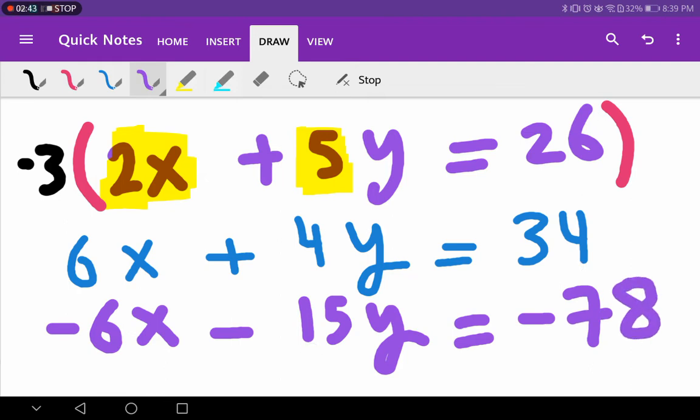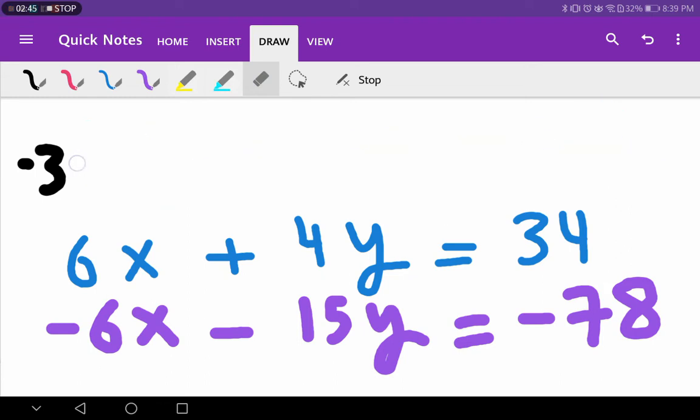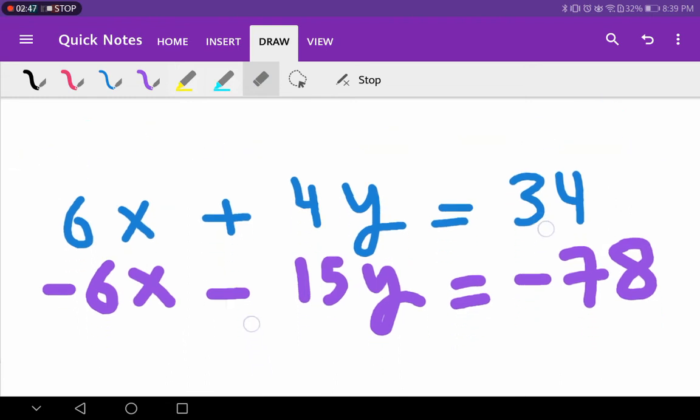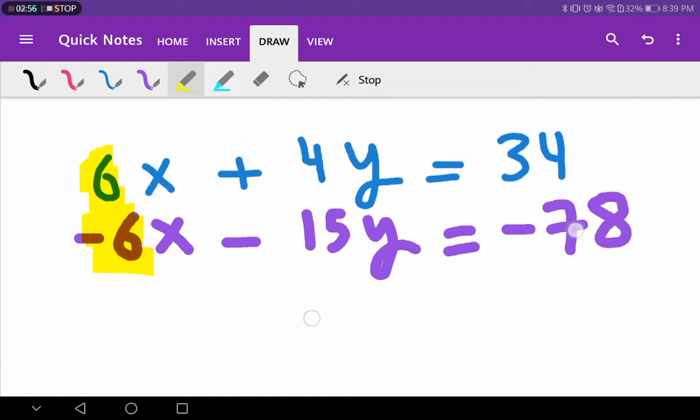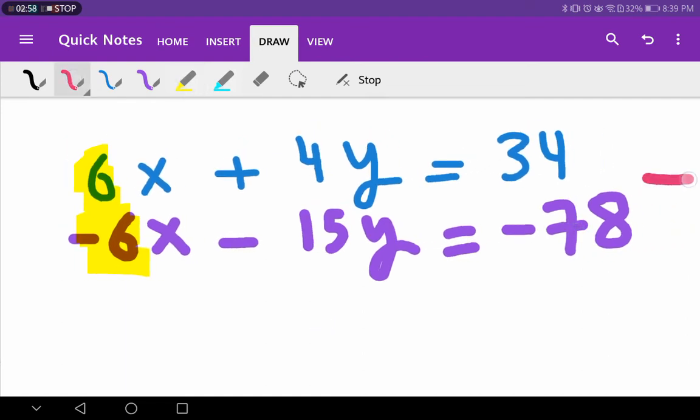So did I miss anything? I don't think so. Now see the system here. Here I have 6x, I have -6x. Okay, I'm so happy, and I'm ready to add the equations. I prefer to add the equations because it is easier for you.